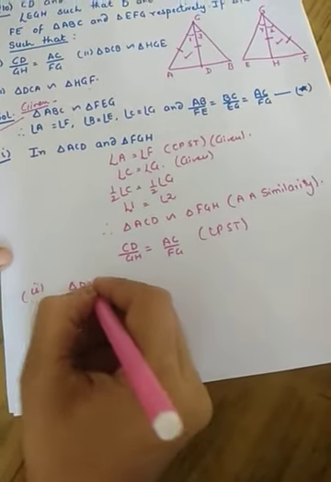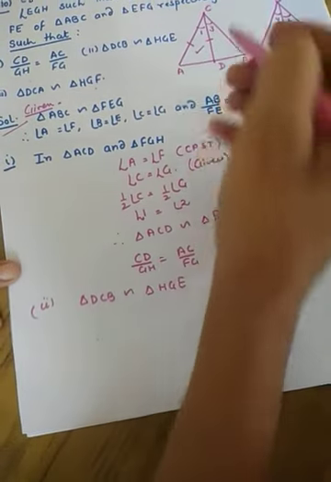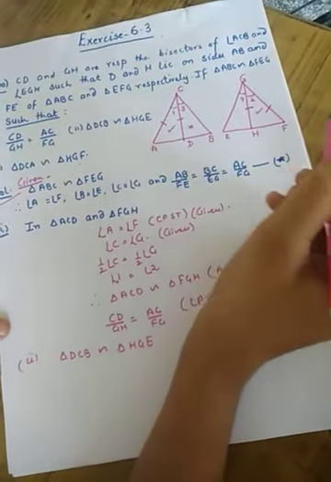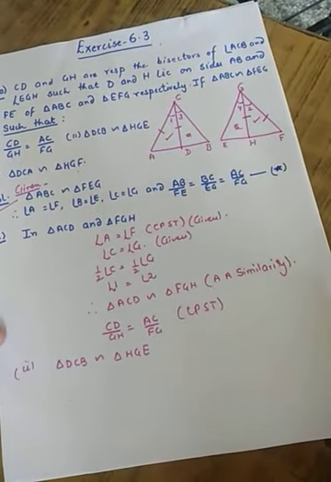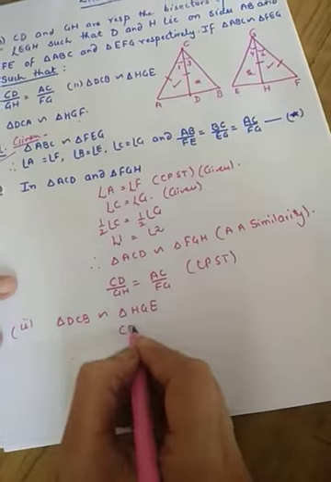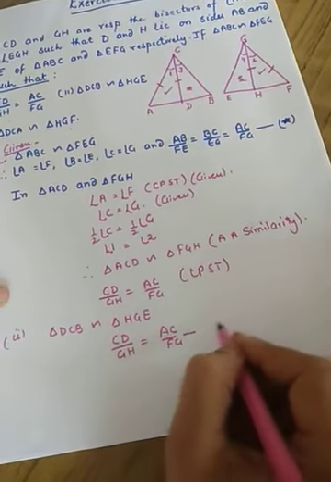Now in the second part we have to show triangle DCB similar to triangle HGE. Triangle DCB, now he is talking about this, and HGE means this, these two triangles. So this is already proved, CD upon GH equal to AC upon FG.